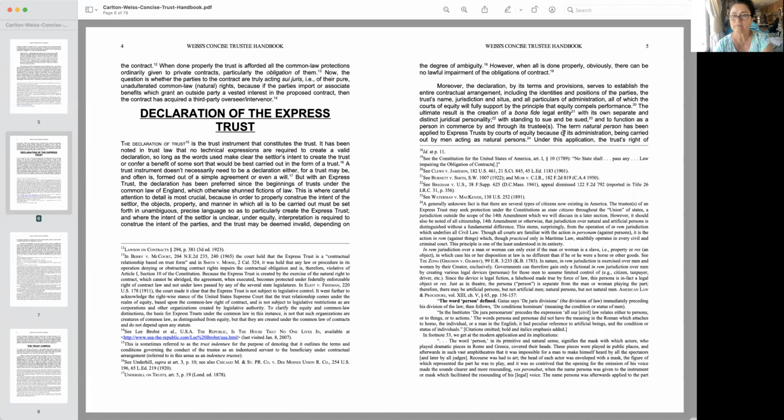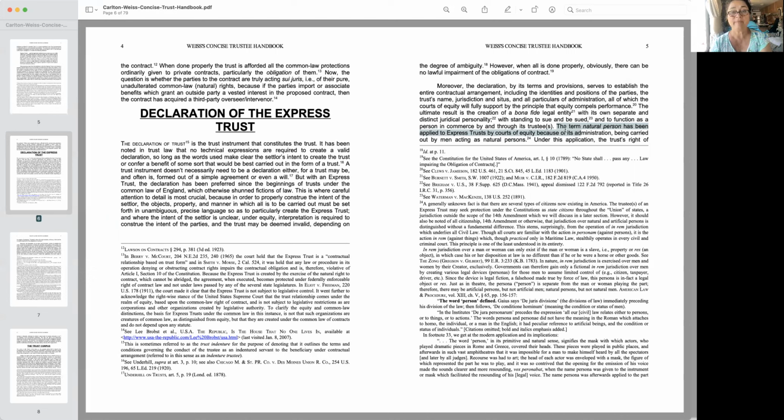Okay, wait. So the term natural person has been applied to express trust by courts of equity because of its administration being carried out by men acting as natural persons. Oh, that's interesting.